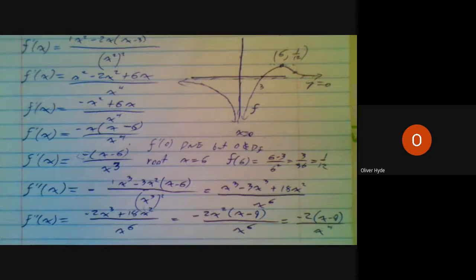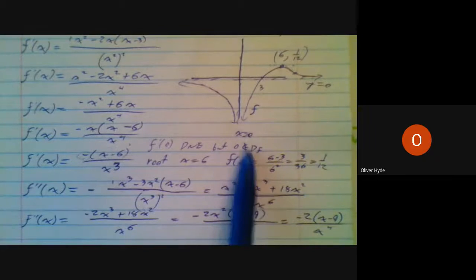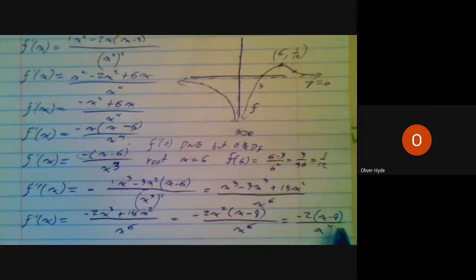And if I want to do a sign analysis here, x to the exponent 4 is never negative. It is unsigned when x equals 0. It's neutral when x equals 0. So I shouldn't discuss concavity of f when x equals 0, since f doesn't exist. If I were to do a factor interval chart, I know that x minus 9 will eventually become positive, and -2 is always negative.